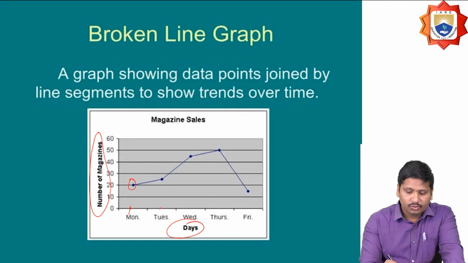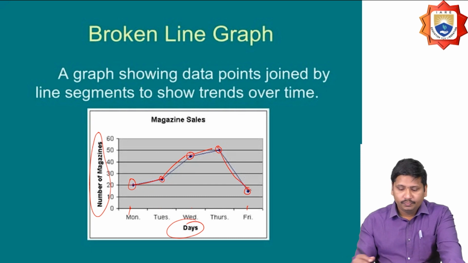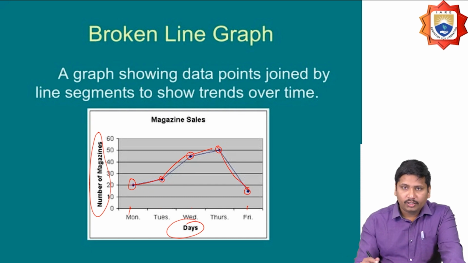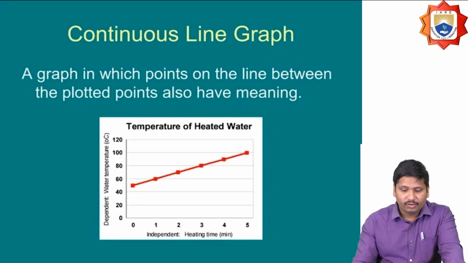Similarly for Tuesday it is 25, mark it here. Wednesday is 45, Thursday is around 50, and Friday is 15. Once this is done, you can join all the points through a line, and what we get is called the broken line graph.